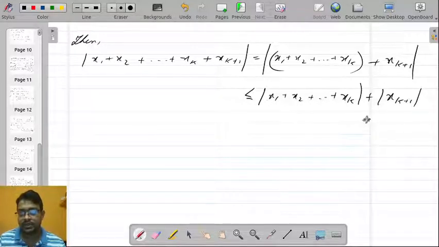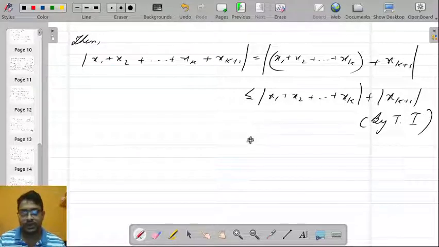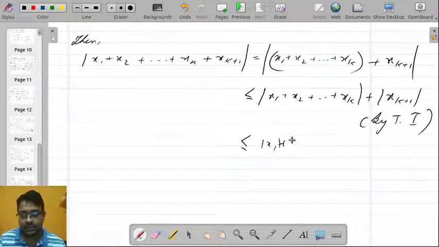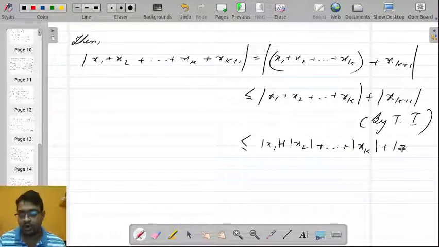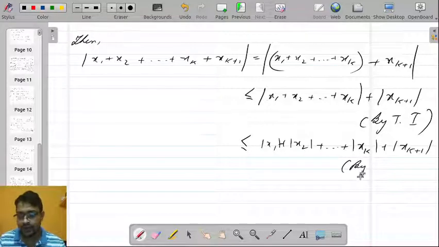This follows by the triangle inequality. And this is less than or equal to mod x1 plus mod x2 plus dot dot dot up to mod xk, plus mod of xk plus 1. This is not by the triangle inequality, this is by the induction hypothesis.